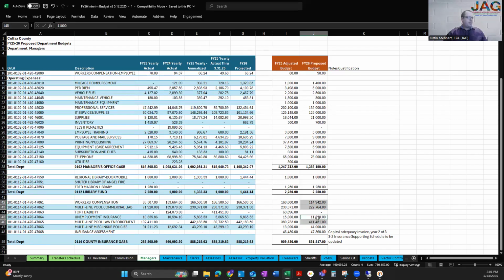These four numbers came directly from New Mexico Counties; the finance director sat down with them and came to these numbers. So this is a question I'm going to have: is this prior year's numbers or future years' numbers that we're going to be charged? It should have been for the FY26 projection, so it's a future number. Leroy can speak more to that, but those numbers came from him and his discussion with them.